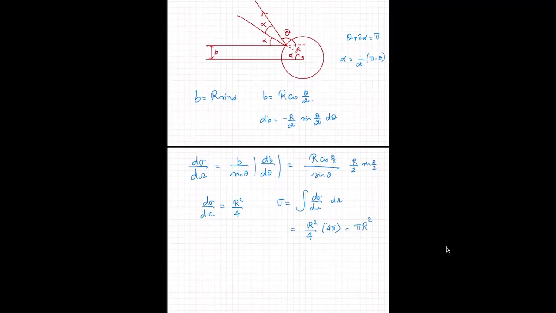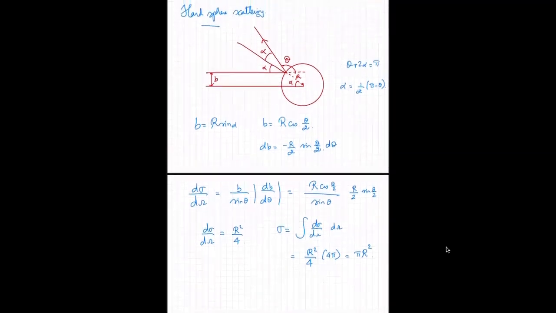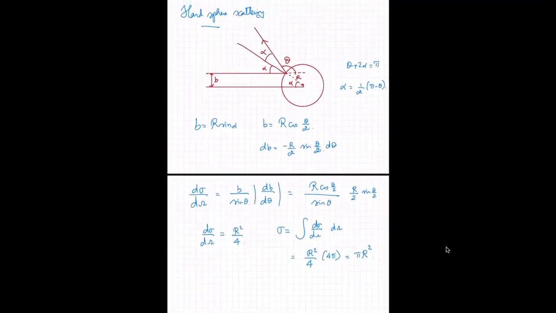So how do you interpret this sigma then? This is basically the geometric cross section of this sphere of radius R. So what does this actually mean? It means that the area of the particles that are actually going to be scattered is pi R square, which means if I draw a circular cross section of particles that are approaching, then the area of the particles that is actually going to be scattered is basically going to lie in pi R square.